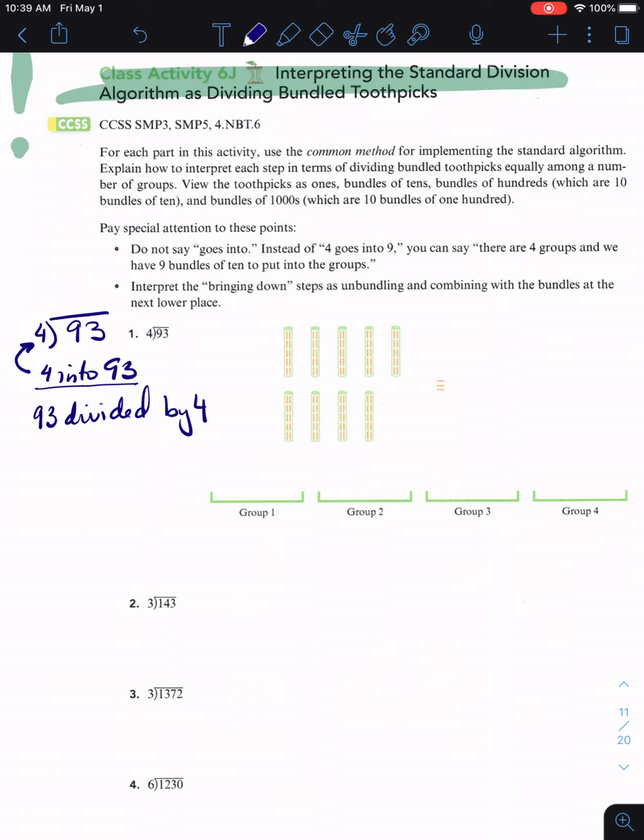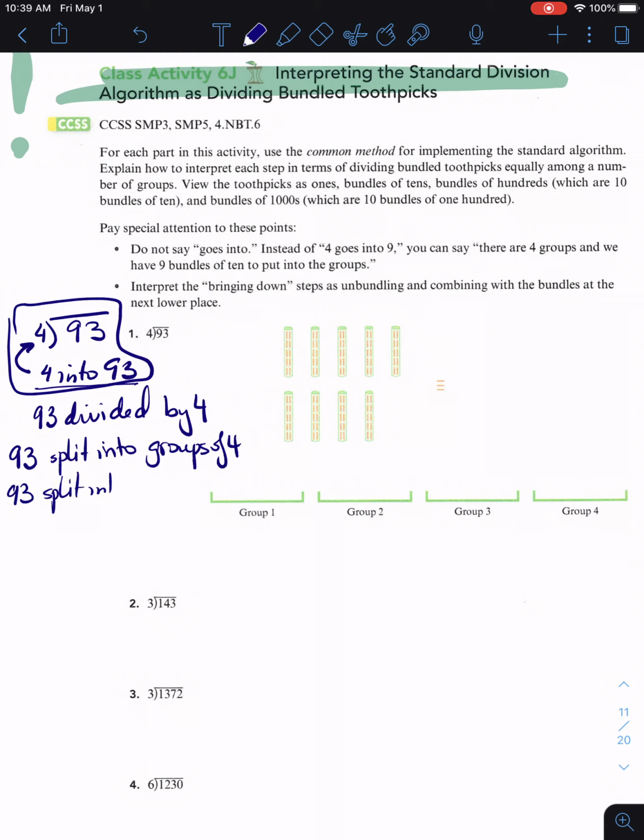So what we're going to do is try to stay away from this because it actually causes confusion to the kids. Instead, we're going to put all of our division statements into the form of the product divided by one of the factors. So 93 divided by 4. Then we can easily say that's 93 split or divided into groups of 4, or 93 split or divided into 4 groups.